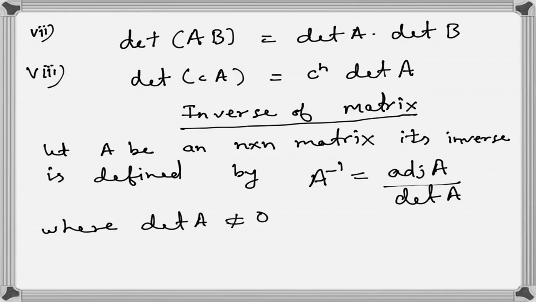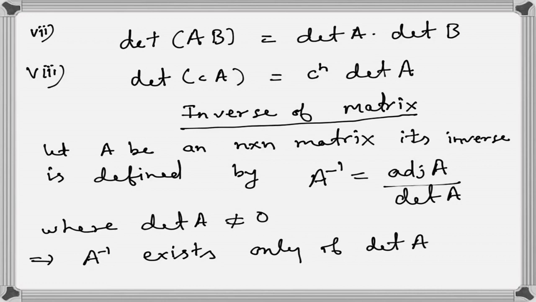So this means A inverse exists only if the determinant of A is not equal to 0.